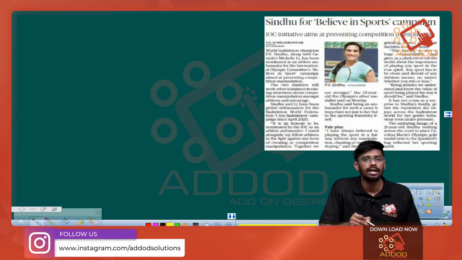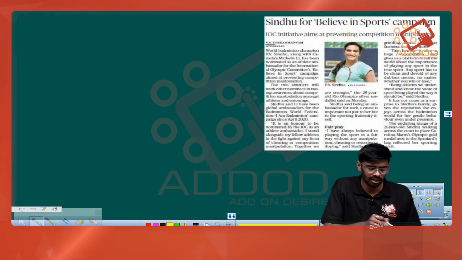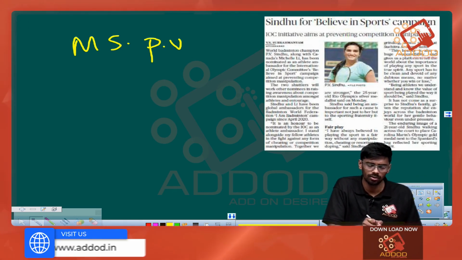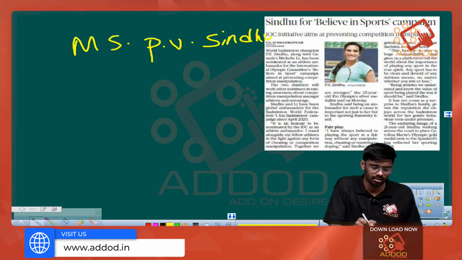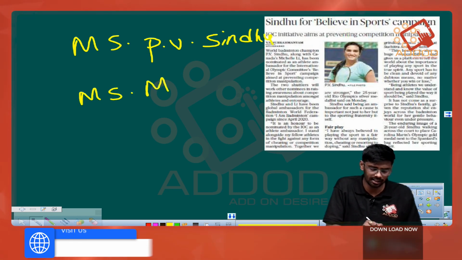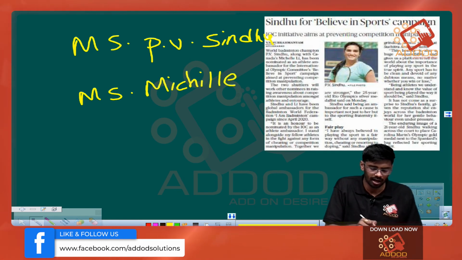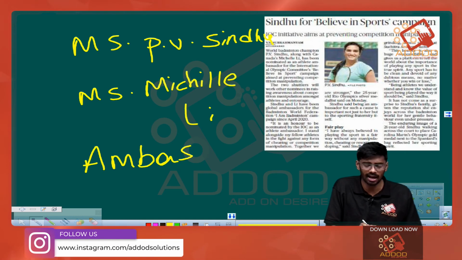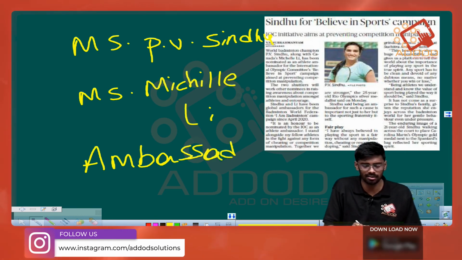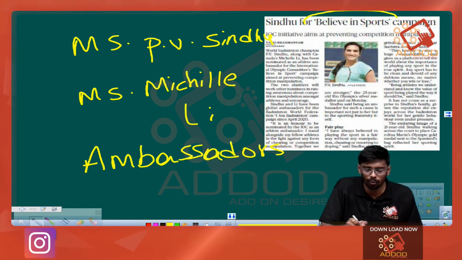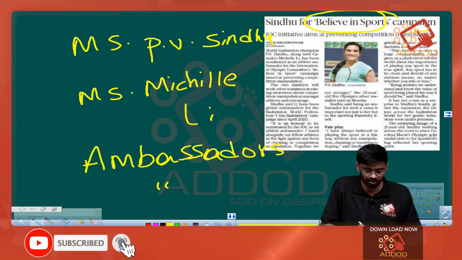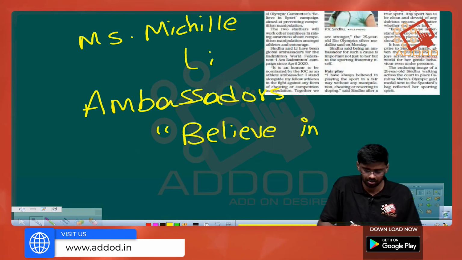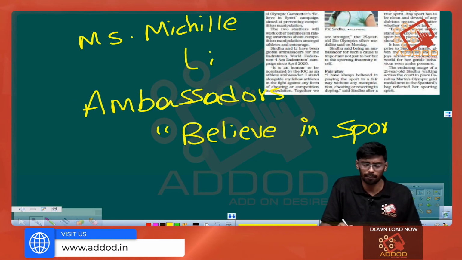Next, it is stated that the shuttler and world badminton champion Miss PV Sindhu along with Miss Michael Lee are appointed as sport related ambassadors for the Believe in Sports campaign.